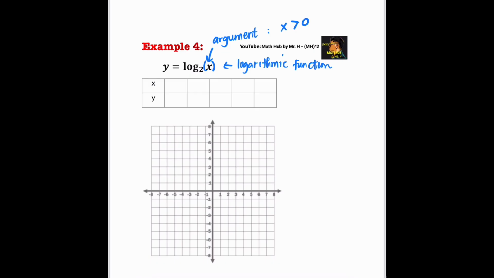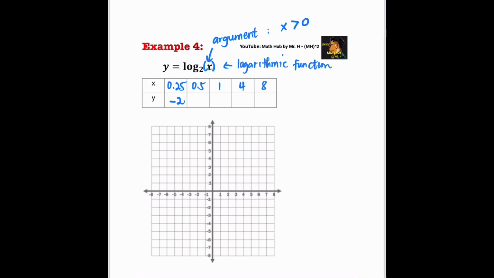We can pick 0.25, 0.5, 1, 4, and then 8. All right, so if x is 0.25, the value of y will be, log base 2 of 0.25 is -2.